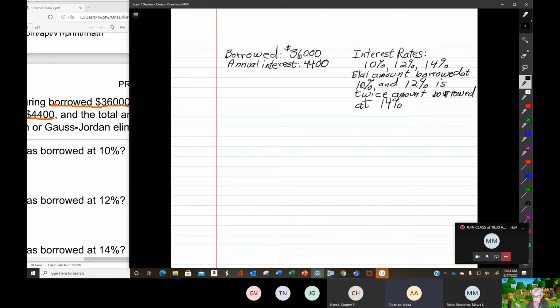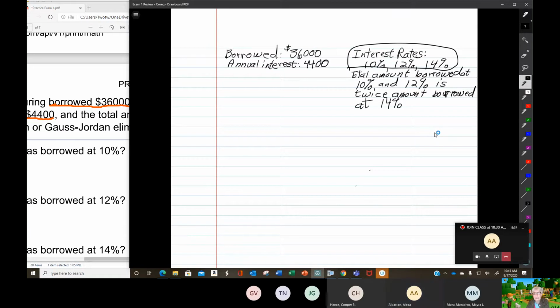Okay, and I'm going to put a line between our total borrowed. So what we get for 10 and 12, the sum of it is going to equal 2 times the amount at 14%, yes. Okay, 2 times the amount, okay.